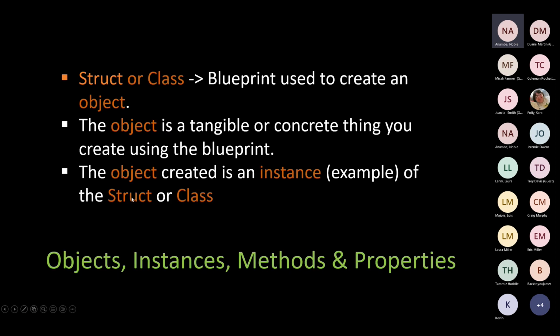So what tends to happen is, if for example I'm creating a structure, or a class, for humans, I'm going to look at all of the characteristics that are common to all humans, irrespective of your race, and I'll put that as properties. Those properties can be 100 different properties.